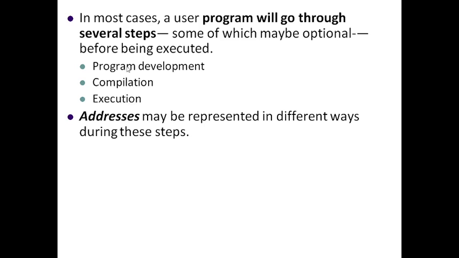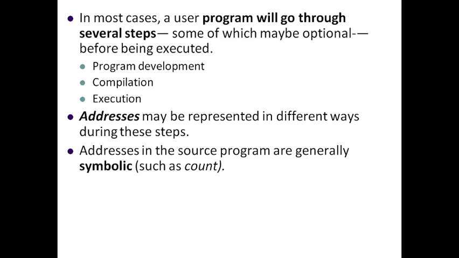But in all the previous steps, we won't know the precise addresses. So we can use some intermediate form to represent the addresses during development and compilation. They are simply called relative addresses. Relative addresses are logical addresses, or temporary addresses, which will be transformed into physical addresses during execution.